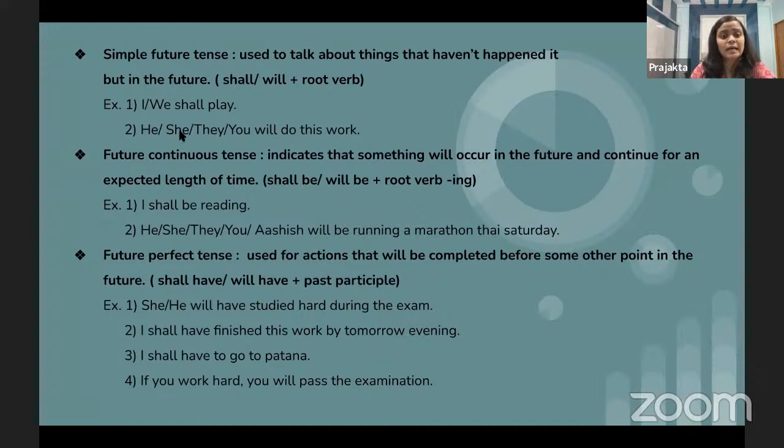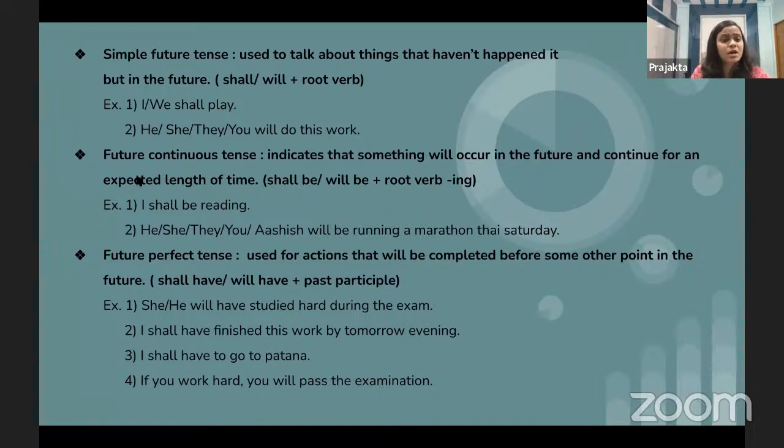So he will do this work. वो ये काम करेंगे. They will do this work, वे ये काम करेंगे. You will do this work, तुम ये काम करोगे. क्या है? फ्यूचर के बारे में बात करें कि फ्यूचर में वो क्या करेंगे. ठीक है. Subject plus the form of the tense and then object.